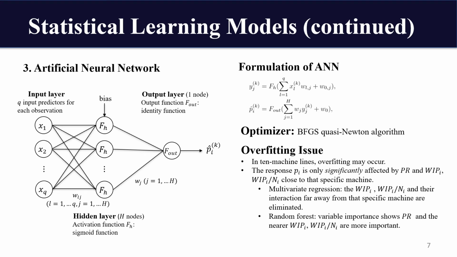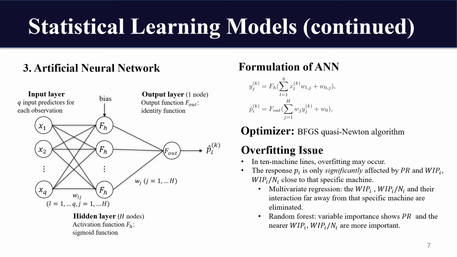In random forest, variable importance shows PR and the nearer WIP divided n are more important. This means the response PI is only significantly affected by PR and those WIP divided n close to it. It also makes sense in real-life situations.